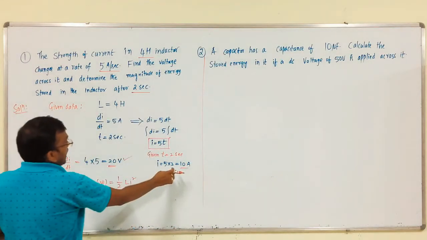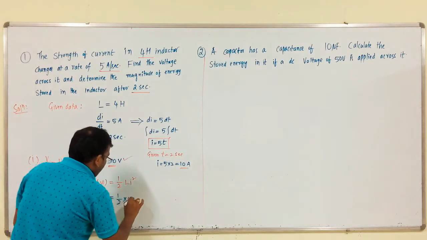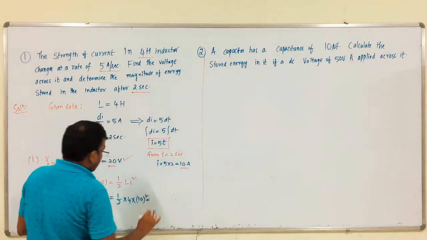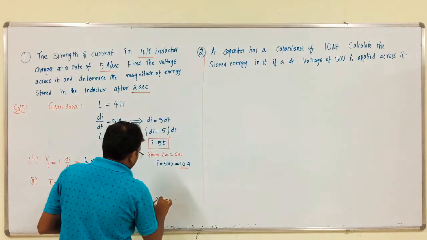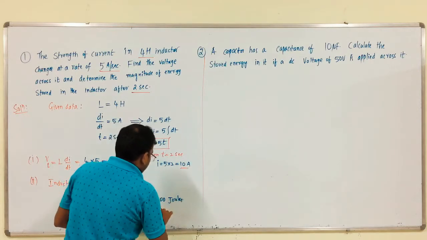Then substitute this i value here. So, here we have half into 4 into 10 square, which is equal to 200 joules. This is the energy.